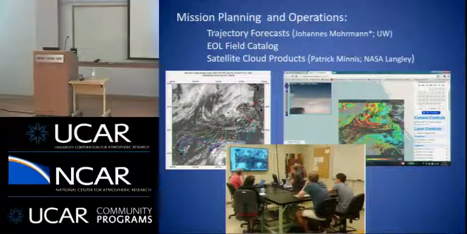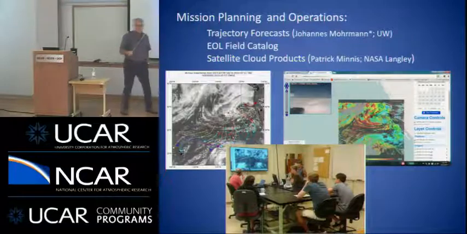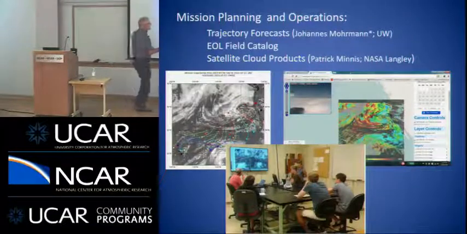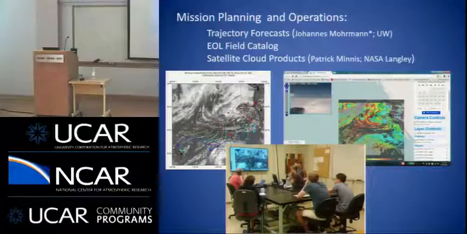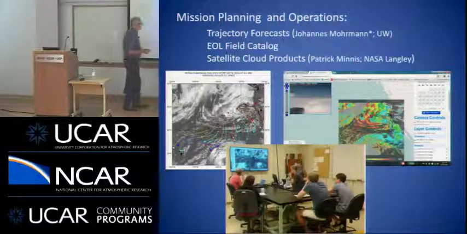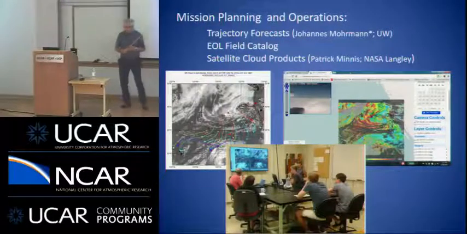And you could do this in real time too, so that was very valuable. But for the planning purposes, we could do these simple overlays with the trajectories here and come up with a product that we could use. And while the aircraft is flying, both on the aircraft and on the ground, we could see these same views. Here's a camera off the right wing here that is looking forward in that case.